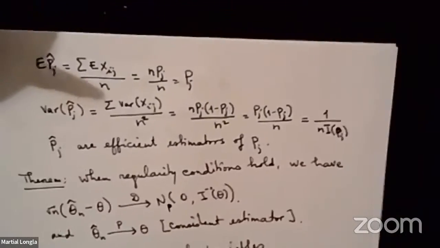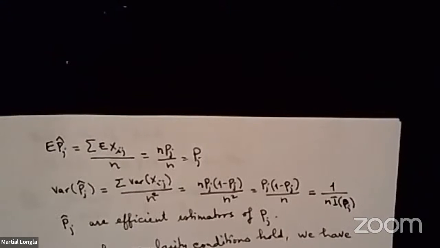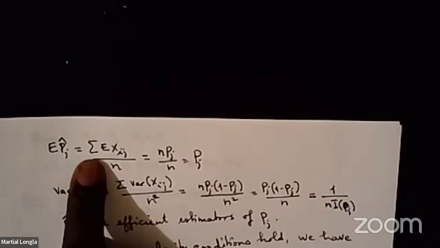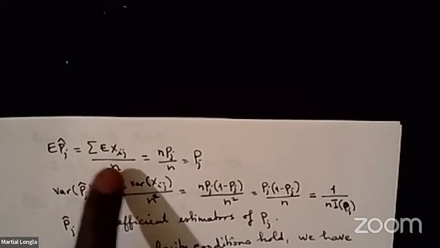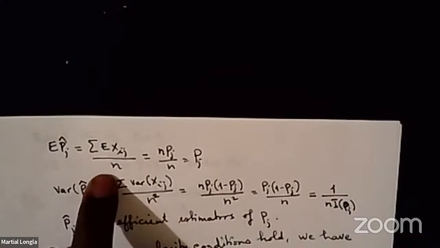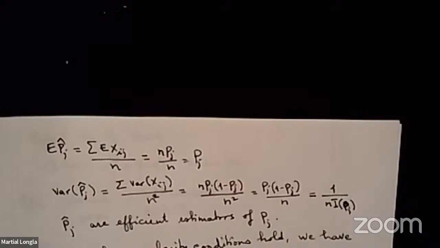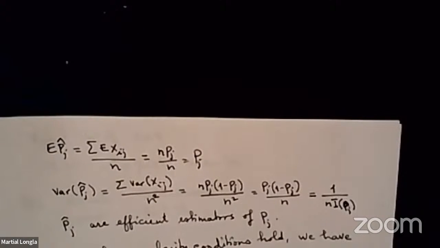If we are all on the same page, then we continue seeing what's on here. Based on the MLE that we have, we can find the expected value of that MLE, which is the sum of the expected value of xij over n. But we know that these are independent observations from multinomial, so the expected value of xij is pj.